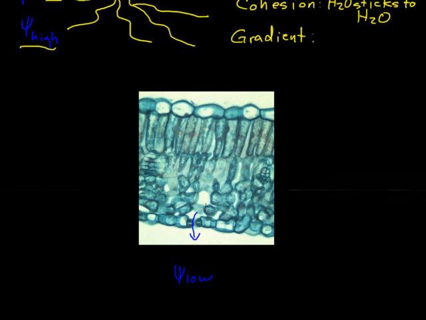As it does, these water molecules that are in the vapor form in the interior of the leaf start to get depleted. The interior leaf relative humidity is in the neighborhood of 100%. And so on the surfaces of these spongy mesophyll cells, there is liquid water.